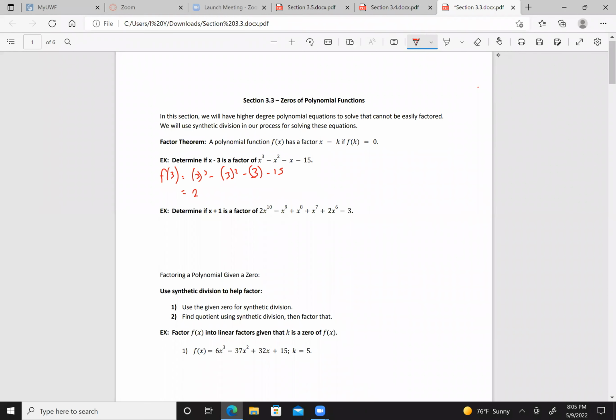Well, 3 cubed is 27, minus 9 minus 3 minus 15. 27 minus 9 is 18, minus 3 is 15, minus 15 equals 0, so yes, it is.